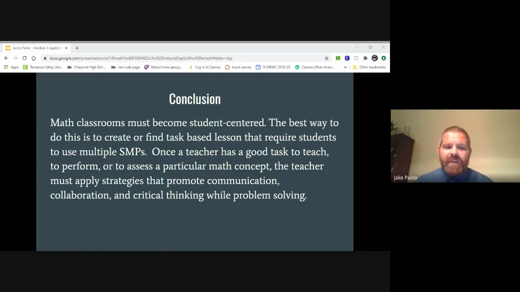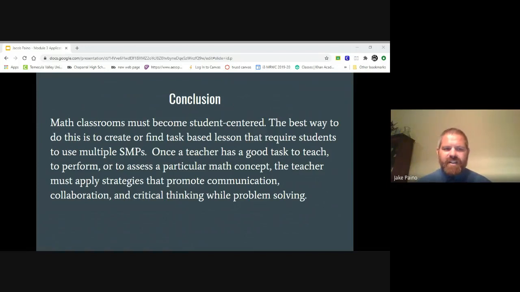But what we've learned is that math classrooms must become student-centered. They need to focus on student conversation and collaboration. Students need to be using the SMPs during class so that they are learning the necessary content while improving on their 21st century skills such as communication, collaboration, and critical thinking.